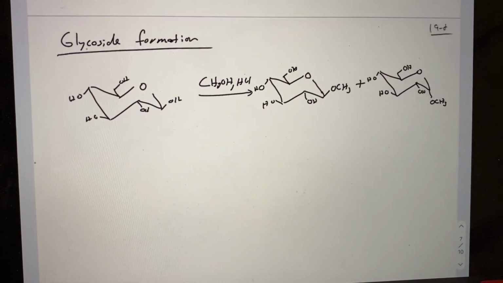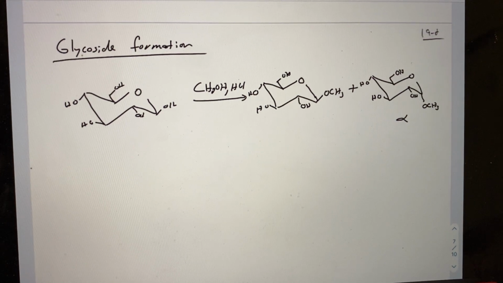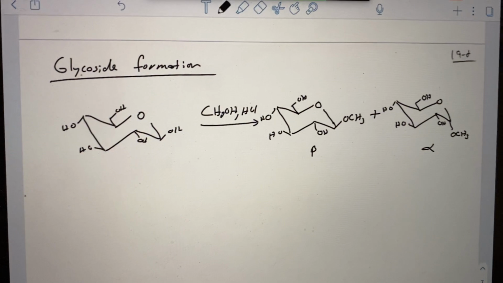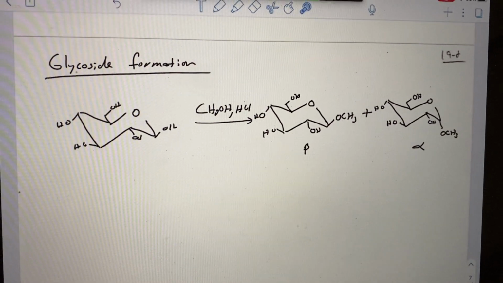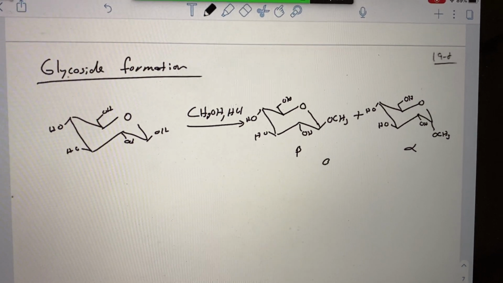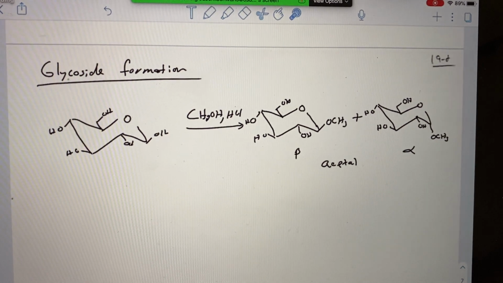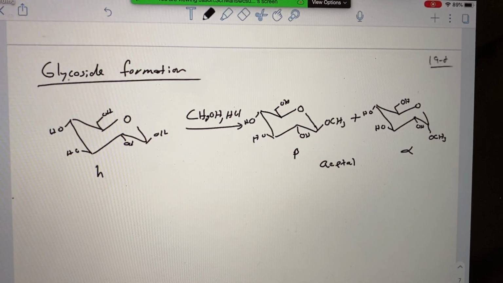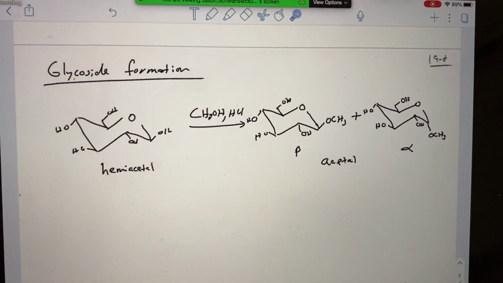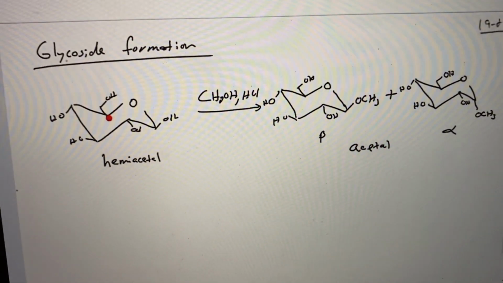And so now what we end up with, again, is the alpha and the beta conformation. We end up with both of these. And notice now we just have one methyl group here at the anomeric position. And now we've ended up forming an acetal. Actually, I should go back a step here to make the difference. This is a hemiacetal: OH, OR, where R is this group here.